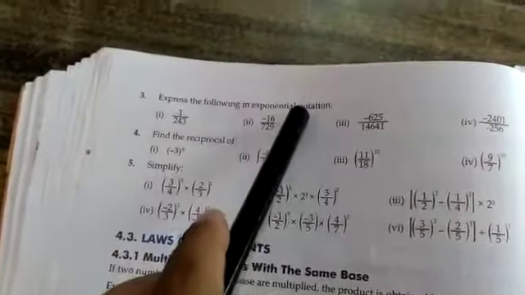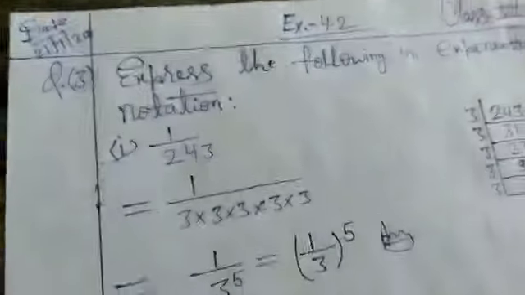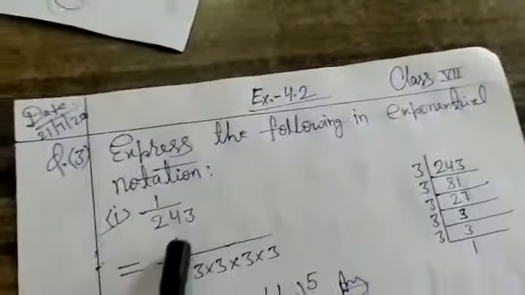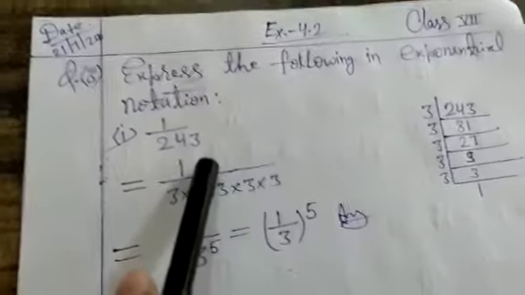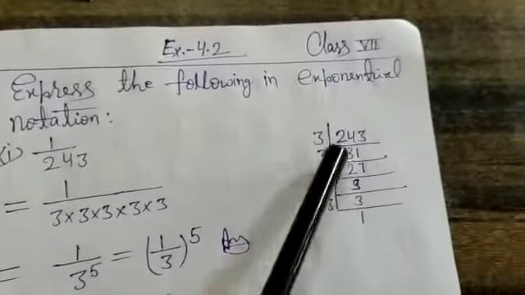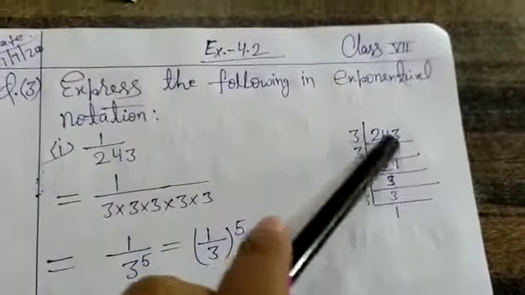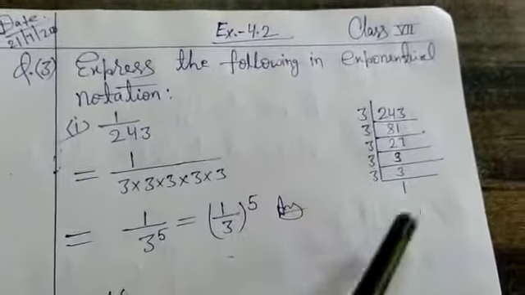The question is saying express the following in exponential notation. So here the question is written 1 by 243. If you change 243 into exponential notation, then first of all you will do the prime factorization of 243, and the prime factorization of 243 is 3 3 3 3 3, and 5 times 3 will come.